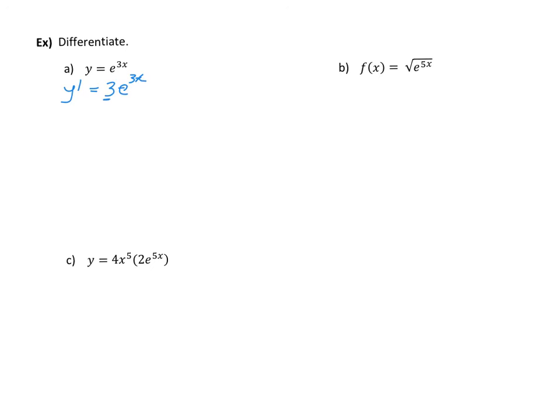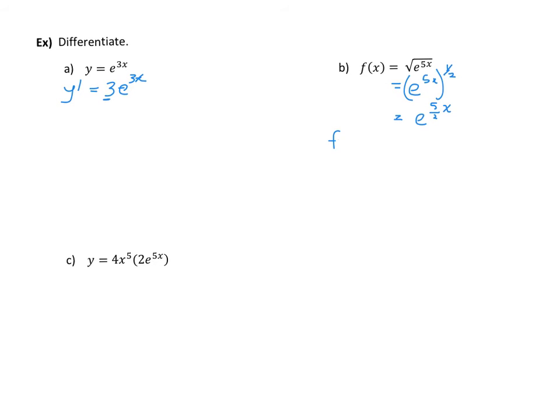All right, the next one here, we've got f of x being the square root. Now I'm just going to change that square root to an exponent of 1/2. So we're going to have e to the 5x, all to the exponent 1/2. And then if I use the exponent property of multiplying those together, I get 5/2 x as my exponent there.